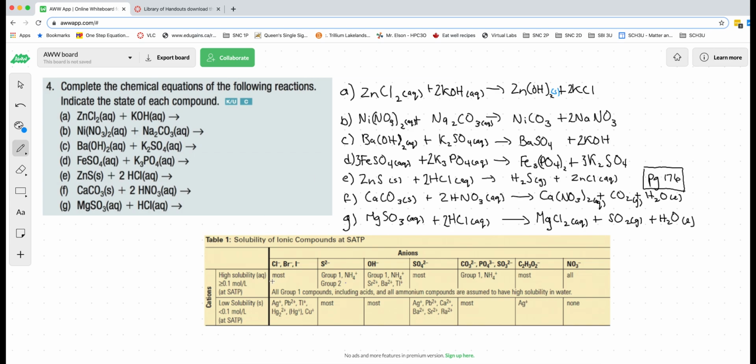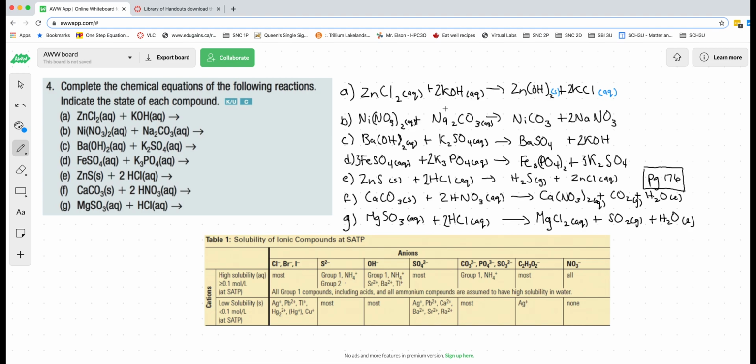Now let's test chlorine with potassium. So it could be in most. Chlorine's here, and it says silver, lead, thallium, mercury 2, mercury 1, and copper 1. So potassium does fall in the high solubility category, so you put AQ beside it. And I've already balanced all of these equations.